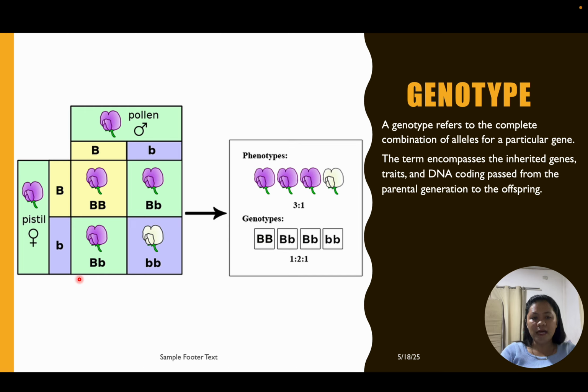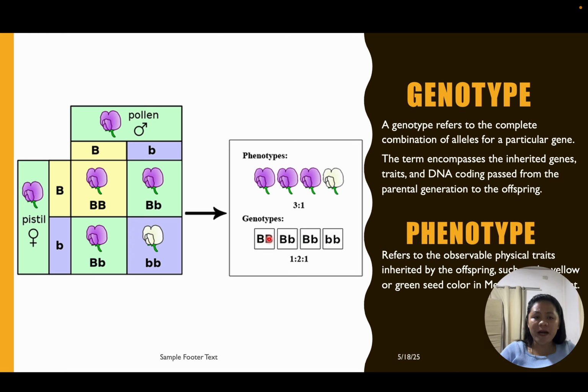Medyo loading ang ating cursor. As what you can see there, those are our genotypes. Depending on the letters or alleles used, yun yung magiging genotype natin. The term encompasses the inherited genes, traits, and DNA coding passed from one parental generation to the offspring.